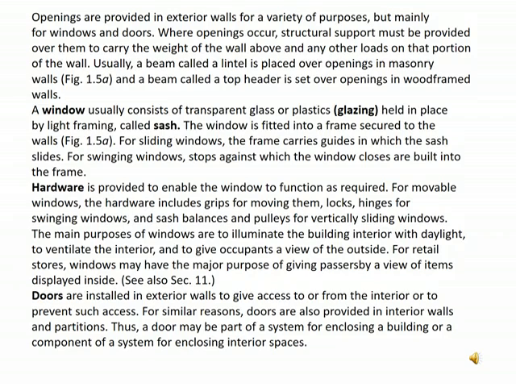Thus the door may be part of the system for enclosing the building or a component of the system for enclosing the interior space. So the whole building can be enclosed by doors, and the interior space can also be enclosed by doors. So those are the definition and purpose of the door and window, their construction, and the hardware required to construct the door and the window.